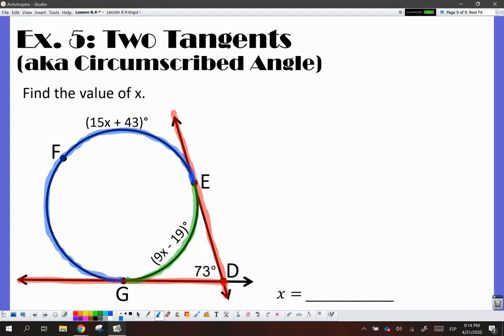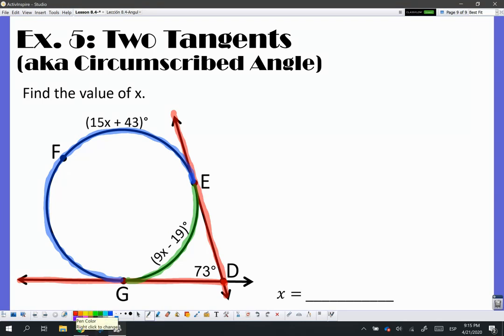So keep that in mind. If you have a problem with two tangents, the point where those tangents touch the circle is where the arcs are going to separate. Now that I know all this, let's write down our formula so we can plug in what we have.